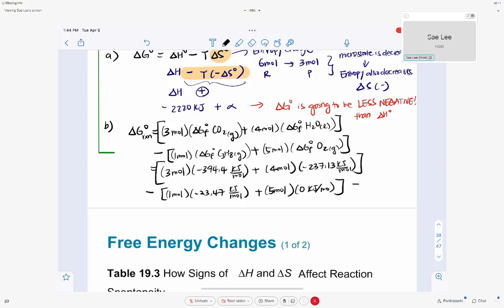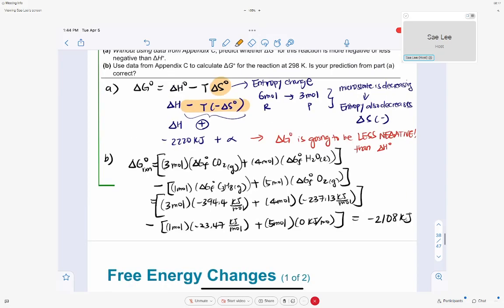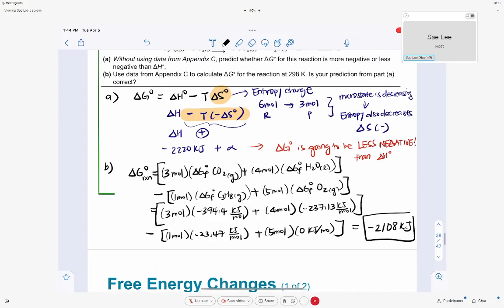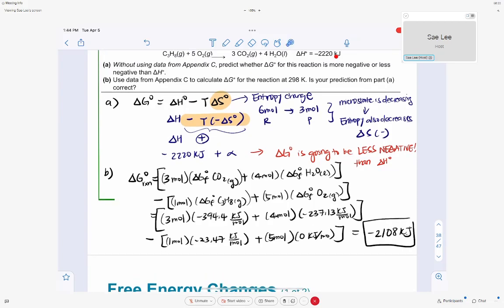If we do all the math, we'll get negative 2108 kilojoule. And what can you tell about this value? Was our prediction right? Compared to negative 2220 kilojoule, it actually became less negative. So our prediction was correct.